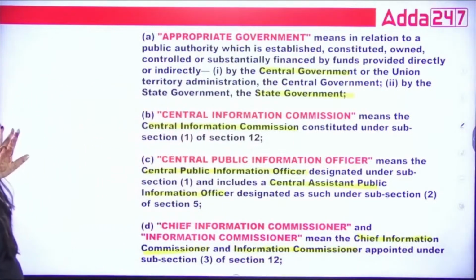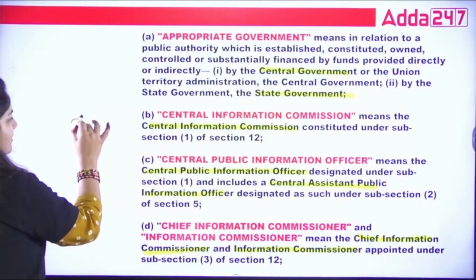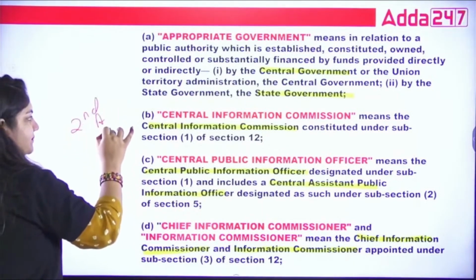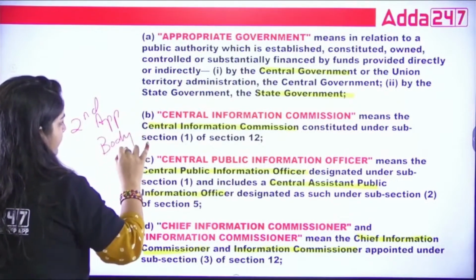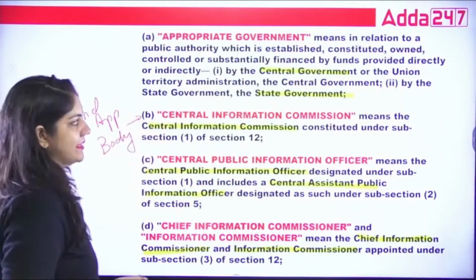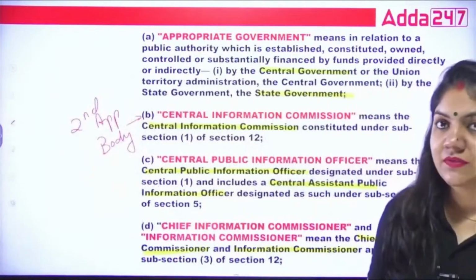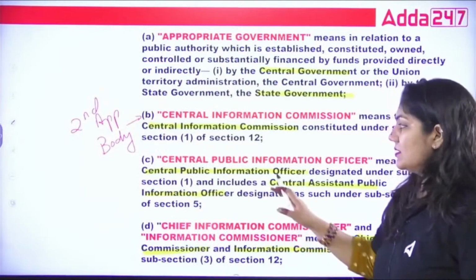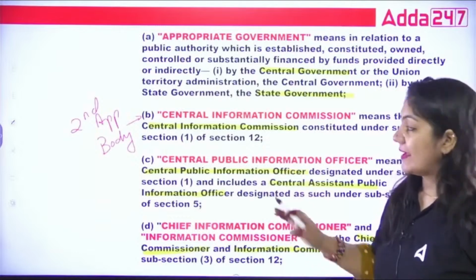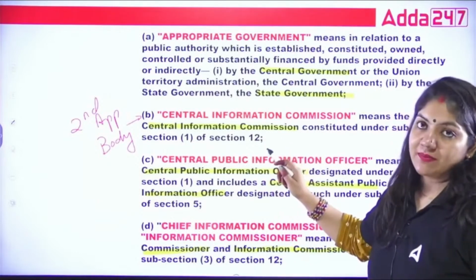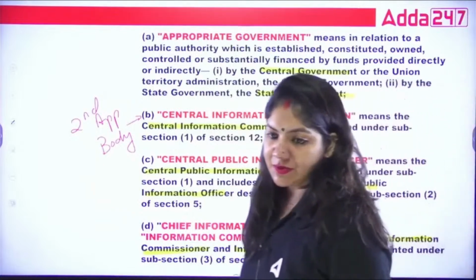And I'm telling you, this Central Information Commission is the second appellate body, that is CIC. First of all, we have to complain to the Central Public Information Officer. If we are not satisfied with the decision, then we can appeal to the second body. That is important.